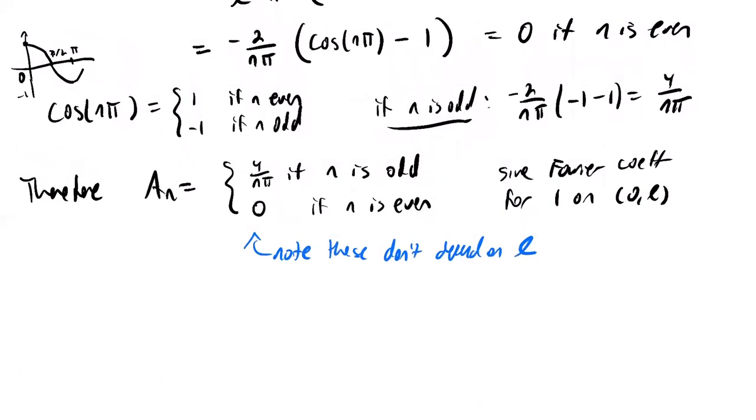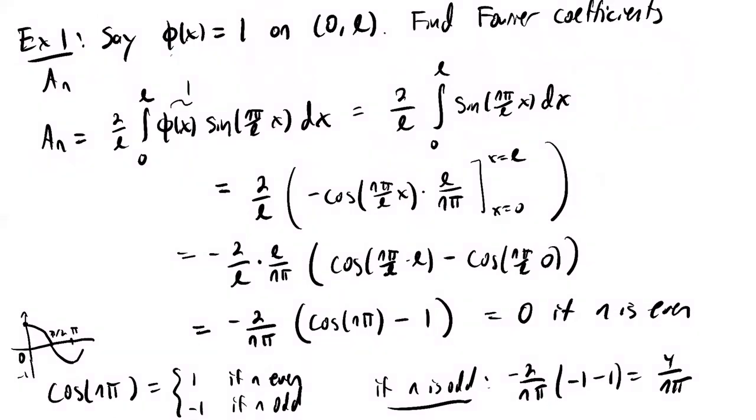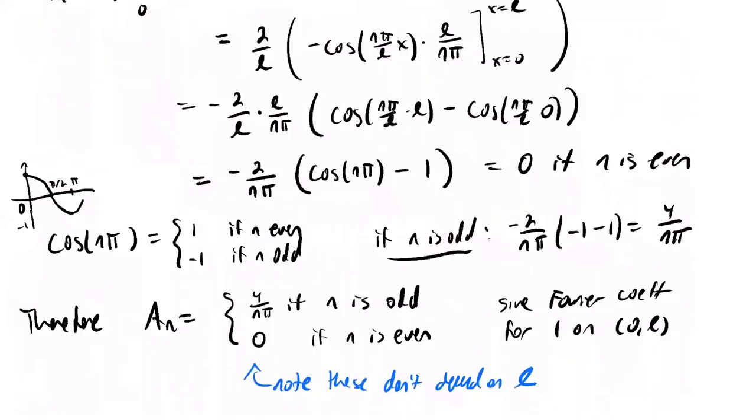I guess it's sort of expected because the function phi equal to 1 is the same everywhere, right? It doesn't really matter what L is. But in general, the Fourier coefficients will definitely depend on L in some way.